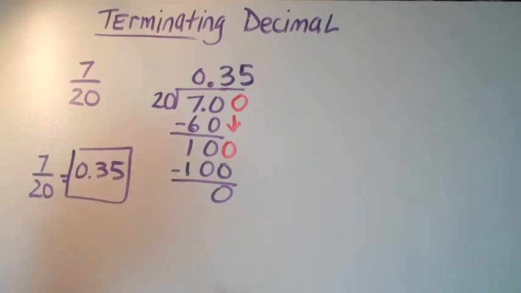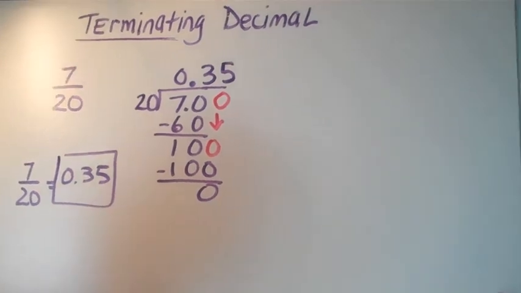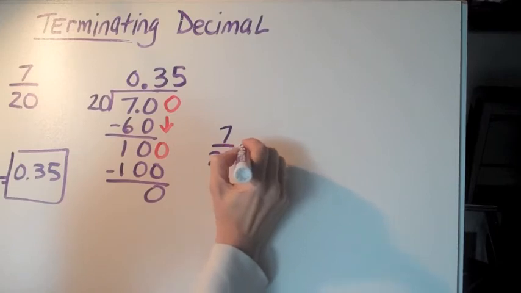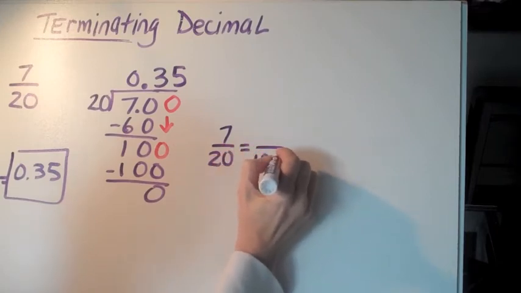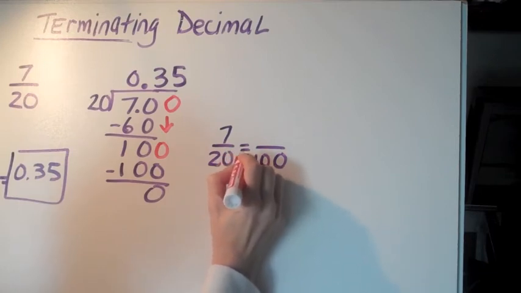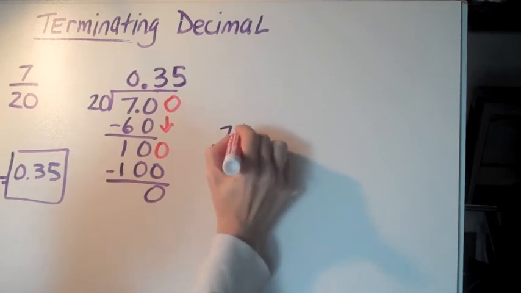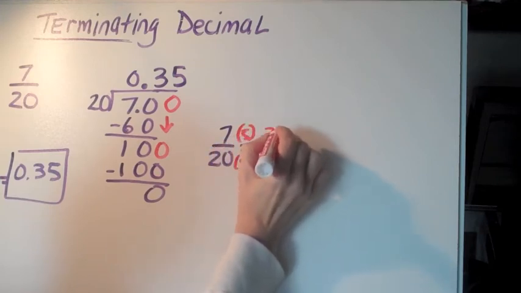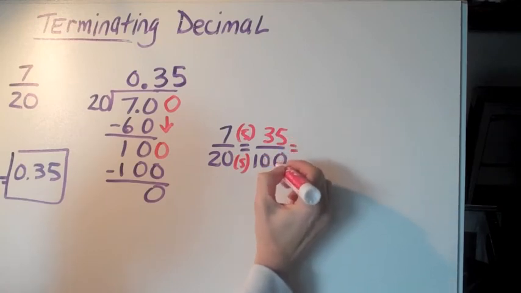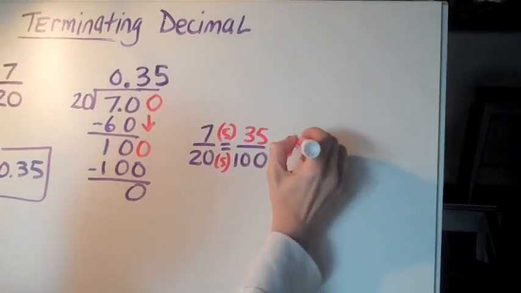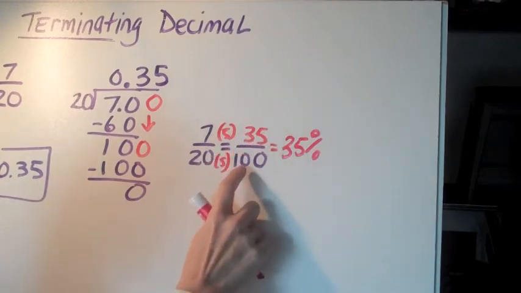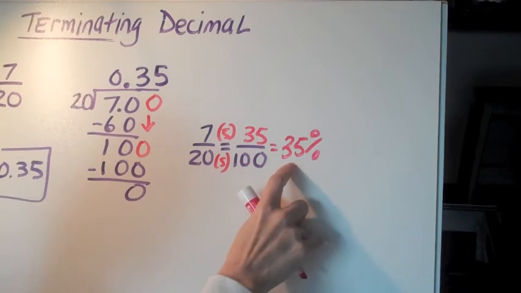Now, if you can remember another way to do this, if you don't do the division, you can also say 7 over 20 is equal to something over 100, right? And if you remember what we did when we found equivalent fractions before, 20 times 5 is 100, 7 times 5 is 35. Any number over 100 is a percent, so 35 over 100 is 35%.